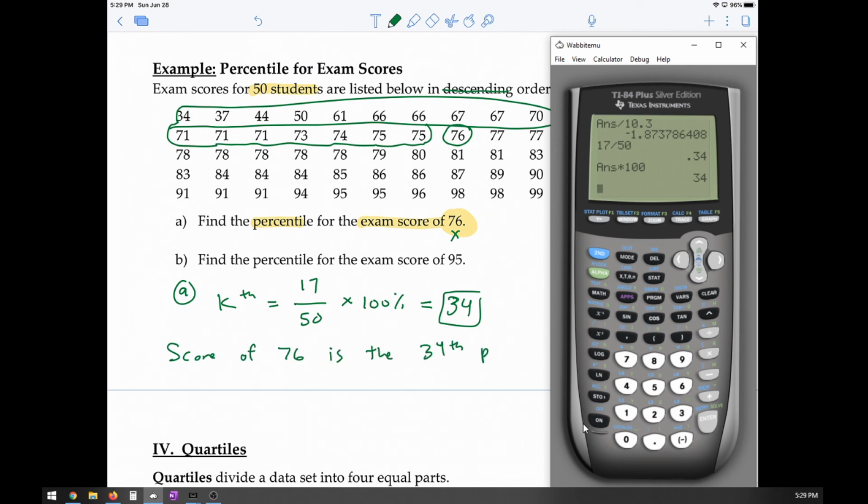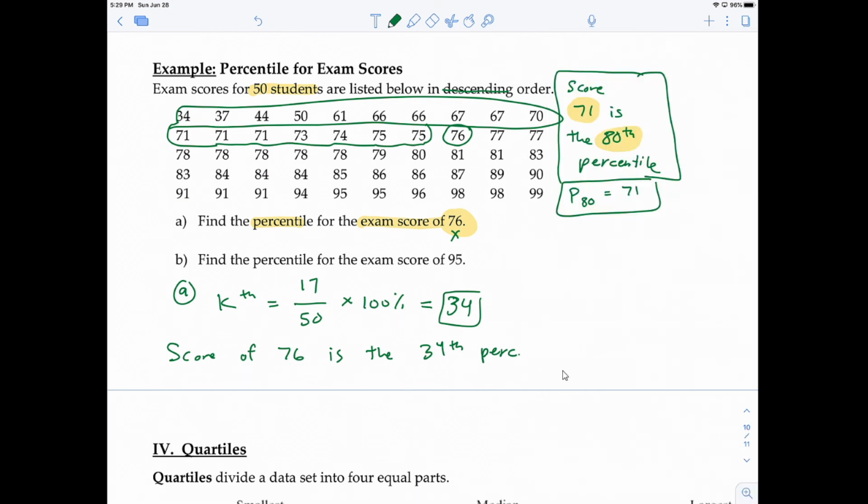Likewise, this can be written as p sub 34, the 34th percentile, is equal to 76. It's lagging a little, but it should show up in a bit.